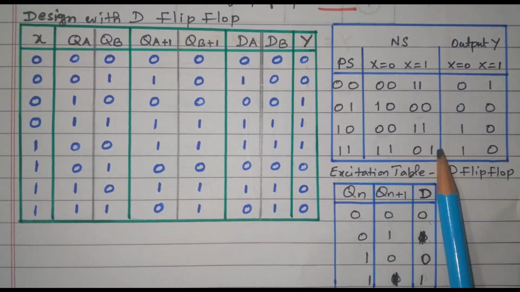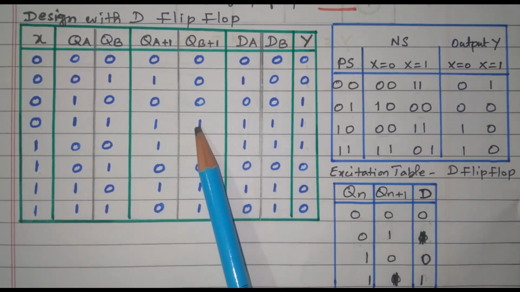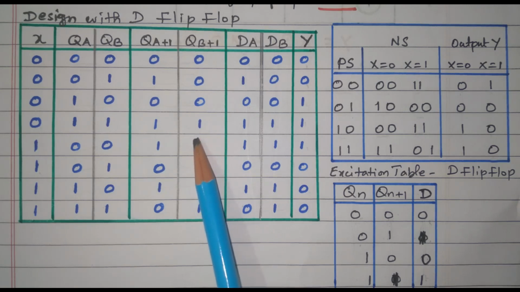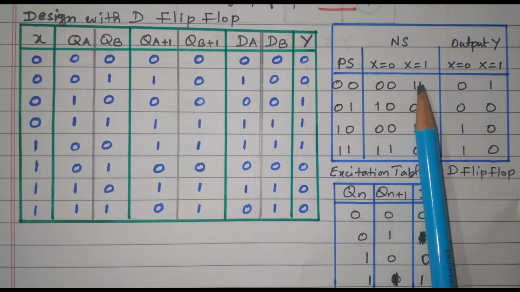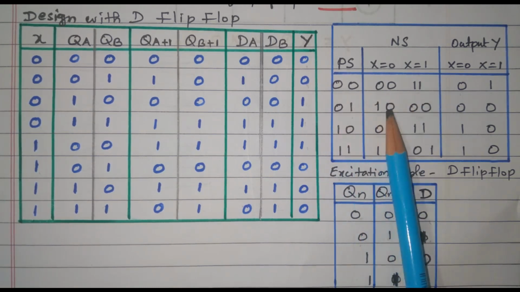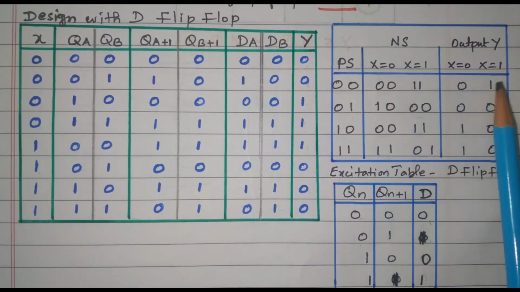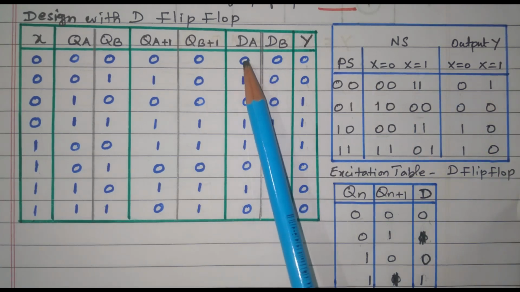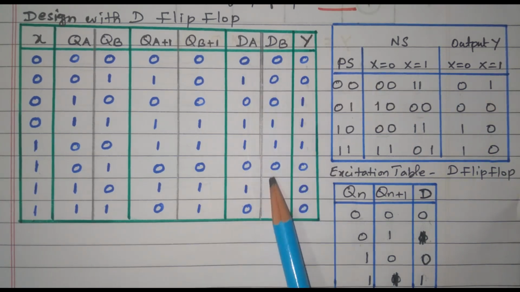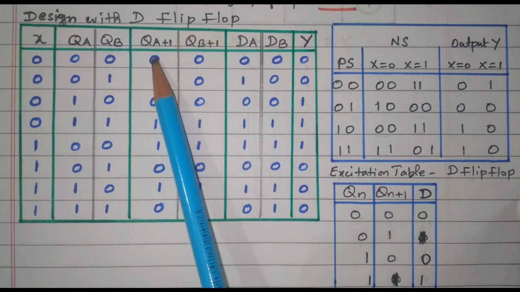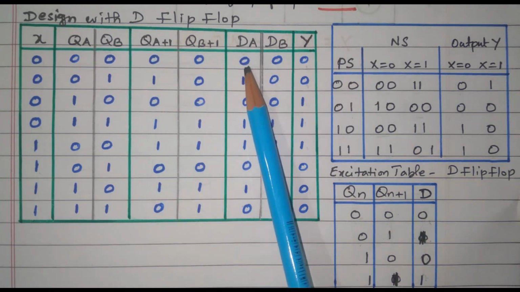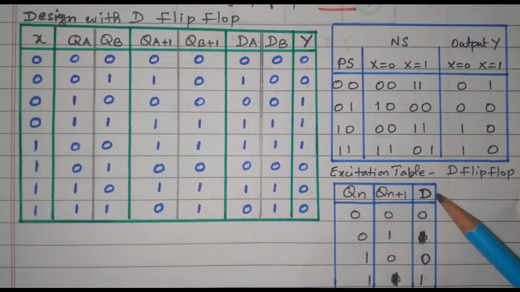So from this table, the excitation table for the design of the flip flop is created, right. 00 to 00, 00 to 11, 00 to 10, like that, with the corresponding input and output. The values of DA and DB are nothing but the next state of the flip flop. The next state of the flip flop is reflected as the D value, right, based on this explanation.